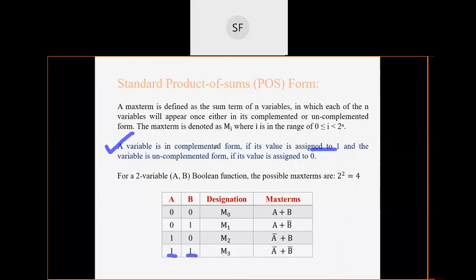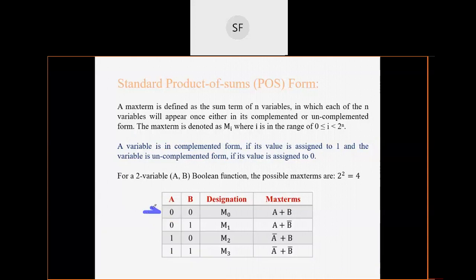Whereas in this case it is opposite to what we have seen in the sum of product form. Okay, so this point is very important and you should know. And a variable is in uncomplemented form if its value assigned is 0. So I hope you got this difference. This difference is very important and it will be very much needed in order to write all the min terms.